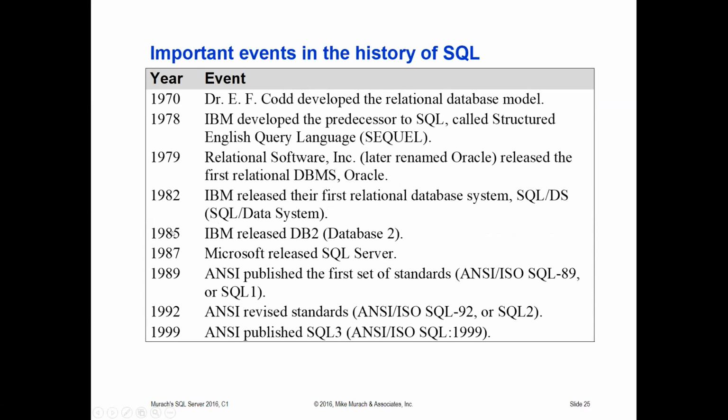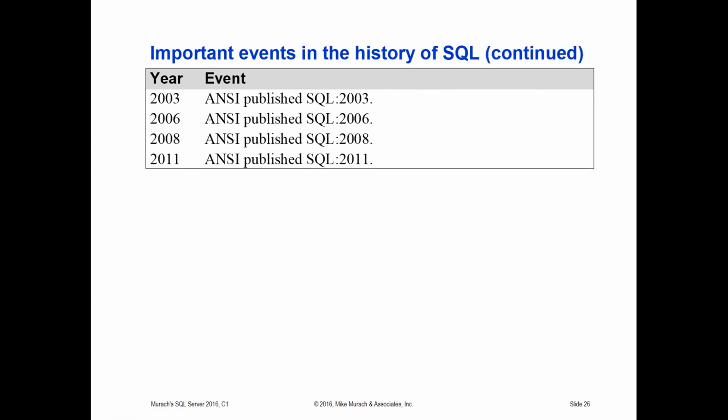And it took until 1985 for IBM to really release their first relational database management system. So from the time he came up with the design and the idea in 1970, it took until 1985 for that to actually happen. And right now they say, if somebody comes up with an invention, it usually takes about 10 years to go through that whole process of getting out to the public. So we can see that things like that don't happen quickly.